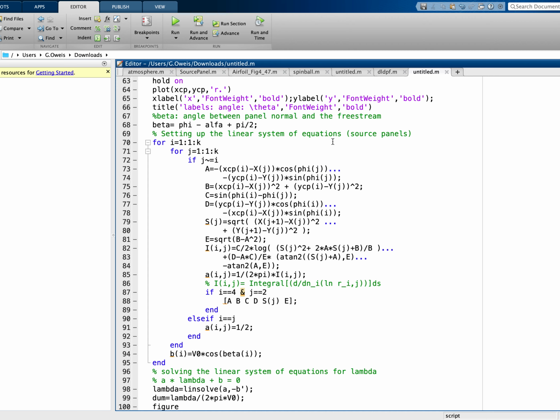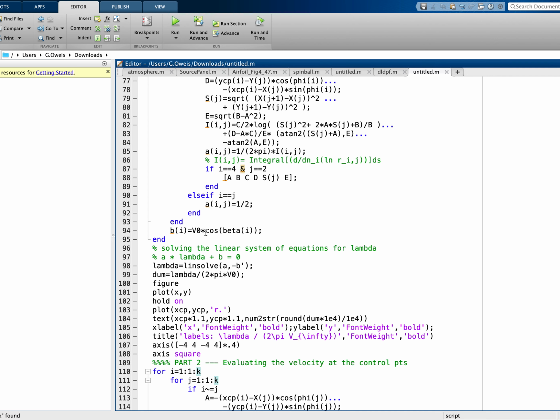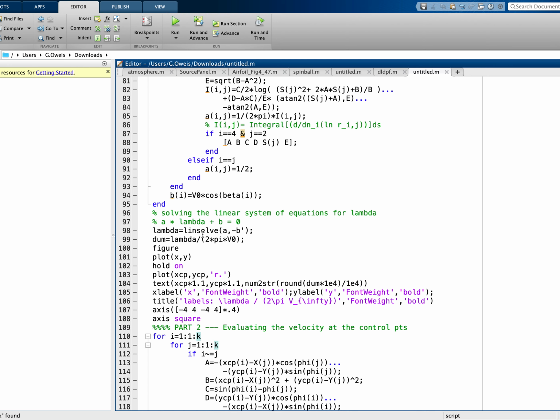And eventually this is where you set up your linear system of equations for the source panels. And this is taken right out of the book of Anderson. He has the terms A, B, C, D, and S and E. And then you apply your boundary condition of the normal velocity to be 0 at each panel, and then you solve the linear system of equations.